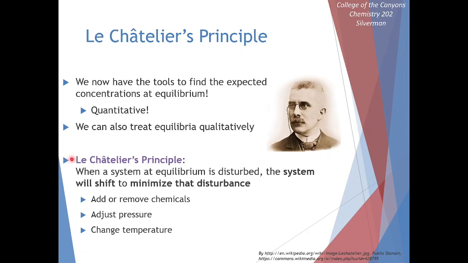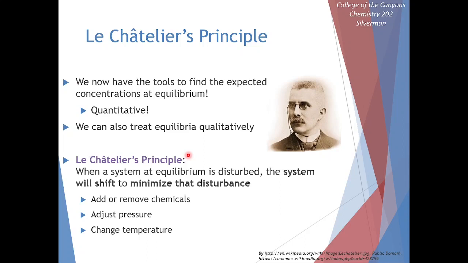Our method for doing this is known as Le Chatelier's principle, which says if we ever have an equilibrium system, we can do something to disturb our equilibrium, but the reaction will proceed in a direction to regain its equilibrium. If you ever disturb your equilibrium, it will get back to equilibrium.